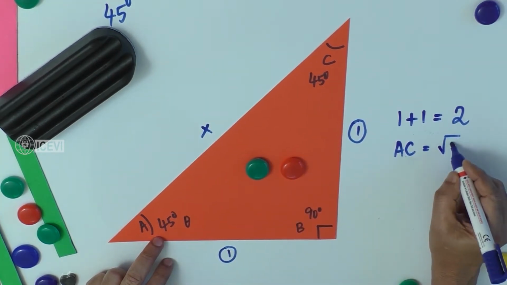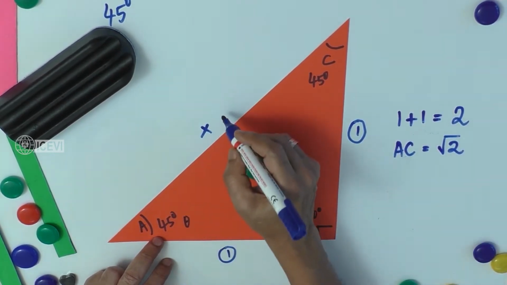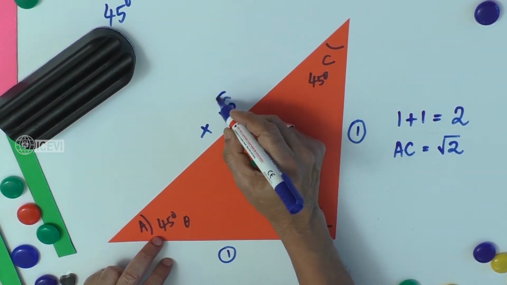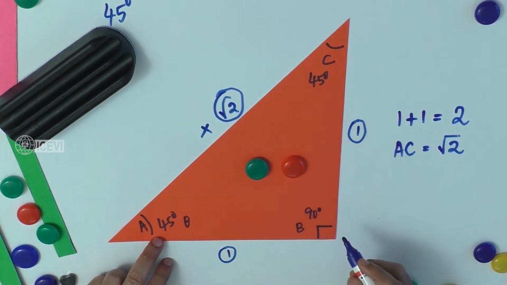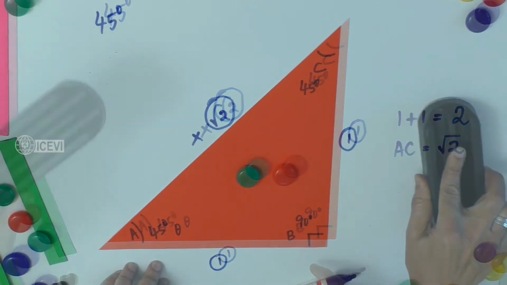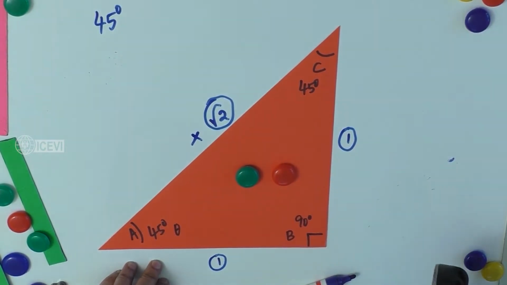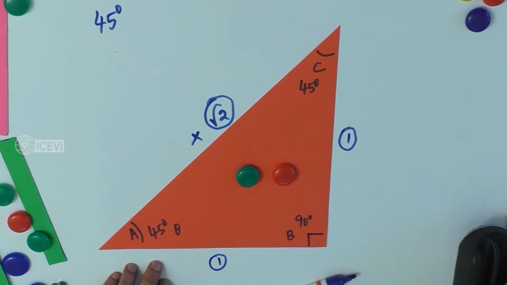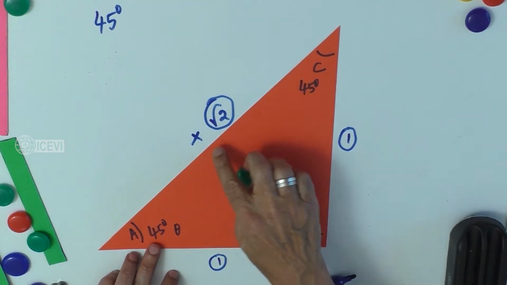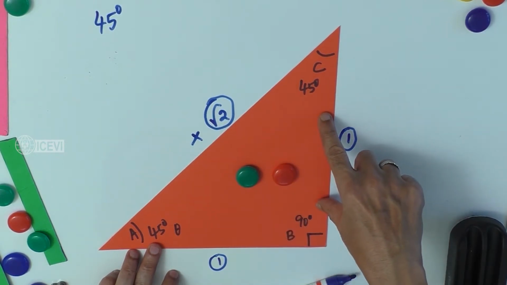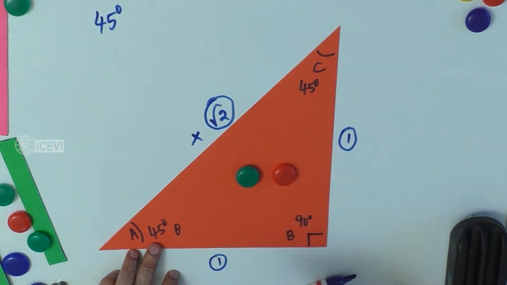That is nothing but square root of 2. So the unknown value here, the hypotenuse, is square root of 2. Okay, so using the values of BC and AB that we measured, we have found out the ratio of AC in respect of BC and AB.